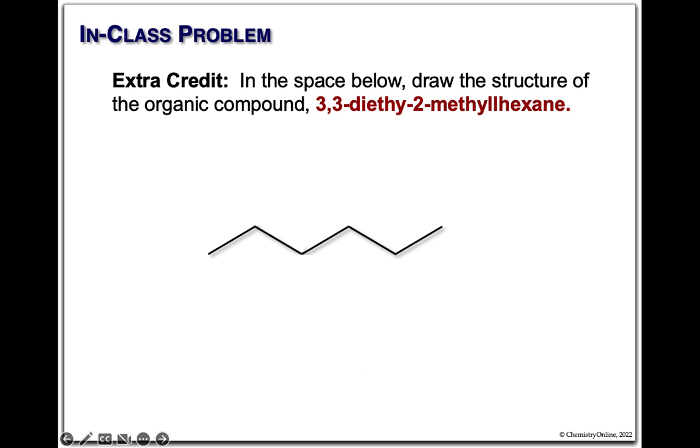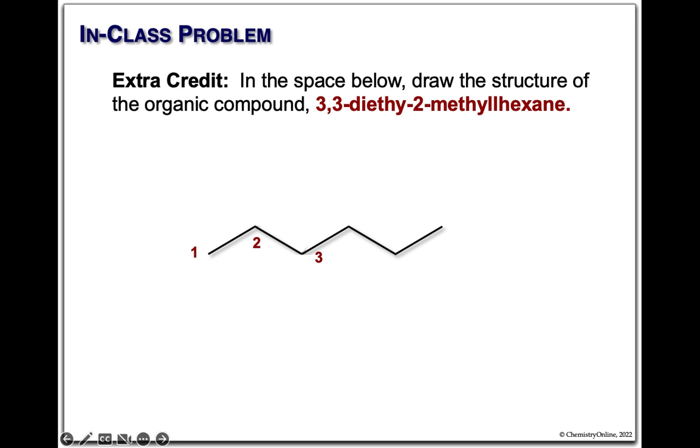This is our longest chain, our parent. First thing we see, at carbon number 3, we have 2 ethyl groups. Ethyl is 2 carbons. Let's let this be carbon 1. We could let this be carbon 1, doesn't matter. That makes this 2 and that 3.